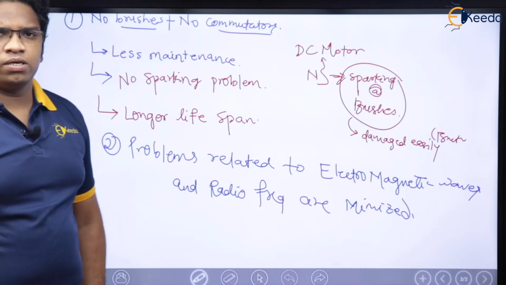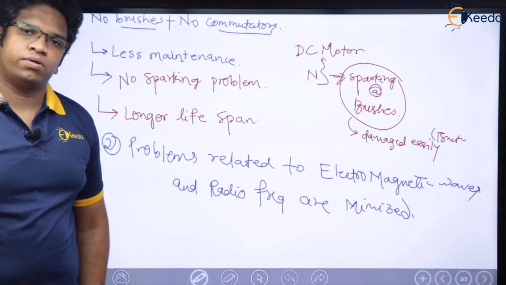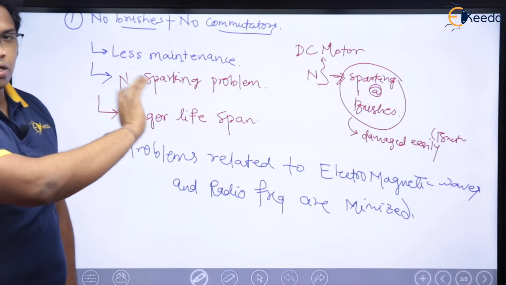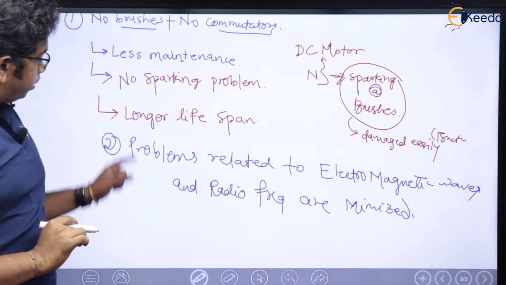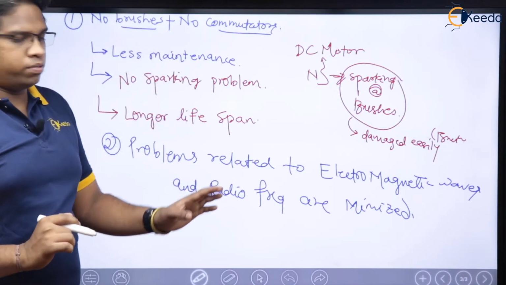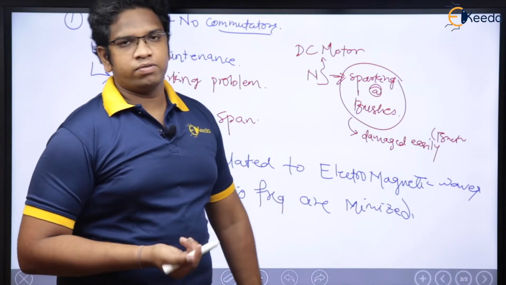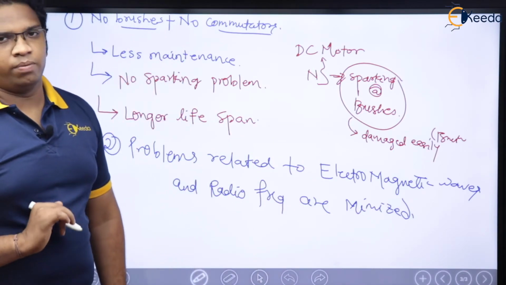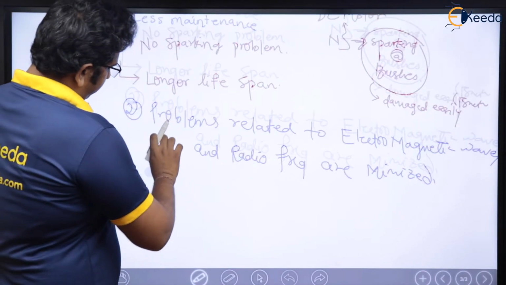What were those problems, sir? We have already talked about them in the case of DC motor. Here our focus is BLDC advantages. So in the case of BLDC, such problems related to electromagnetic waves and all are going to be minimized.